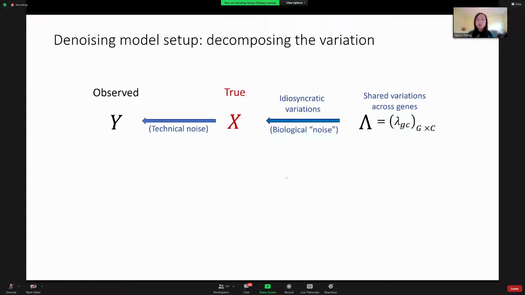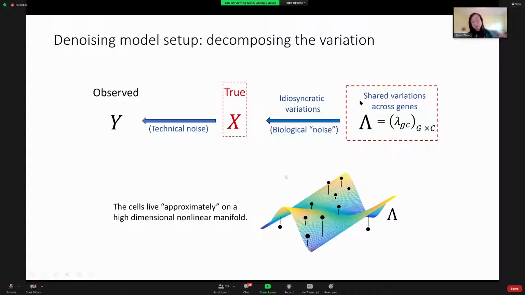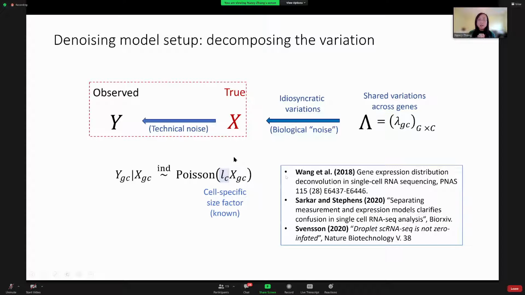So our goal, well, you probably can guess it. We're going to use the autoencoder to try to learn lambda. But first, let's think about how we're going to use lambda to try to get back our true expression matrix X. First we need a noise model.